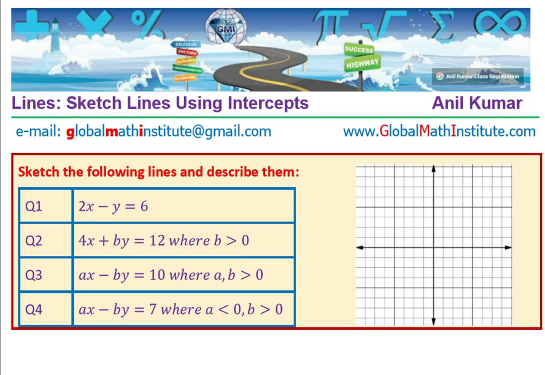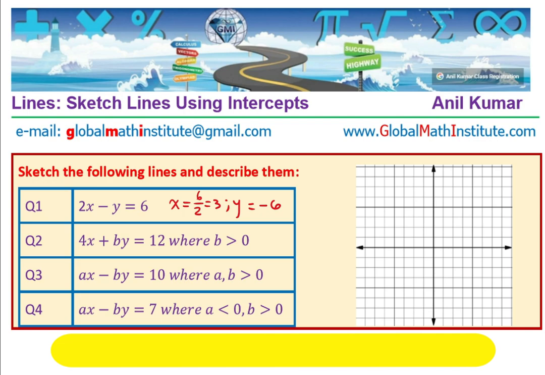So the first one, what did you do? Well, we found that the x-intercept in this case was 6 over 2, which is 3, right? And the y-intercept was 6 over minus 1, in this equation. So that will be minus 6, correct? So we're talking about this question.